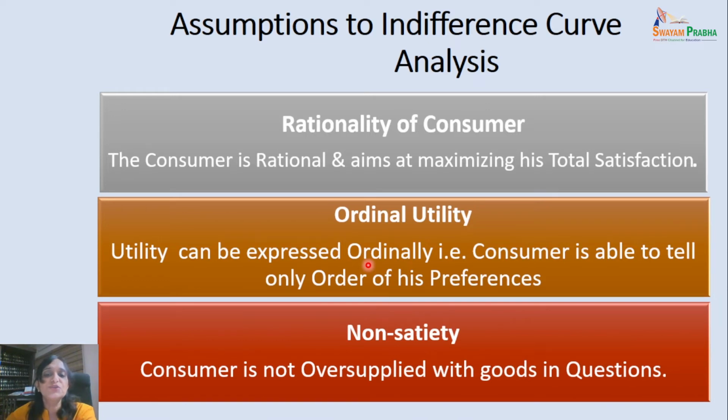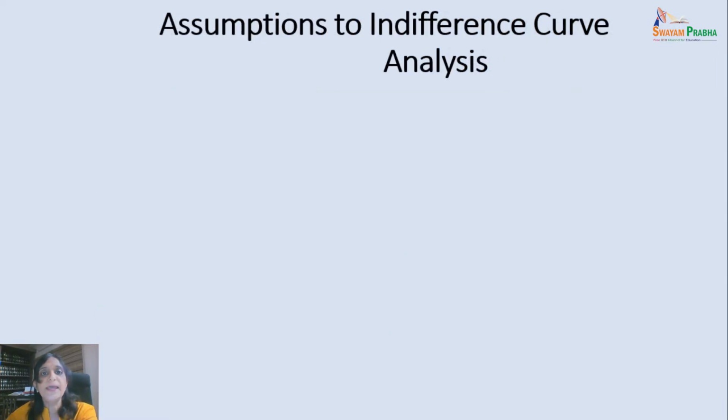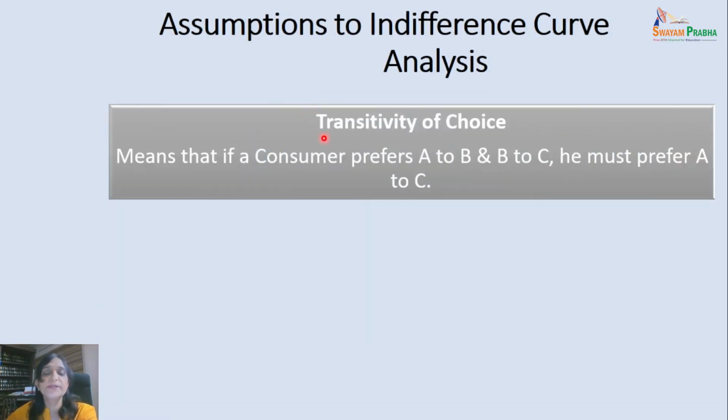Then another assumption is non-satiety, that is, the consumer is not oversupplied with goods in question. Then another very important assumption is transitivity of choices, which means that if the consumer prefers A to B and B to C, this means he must prefer A to C also.